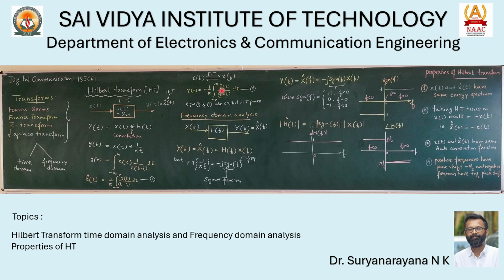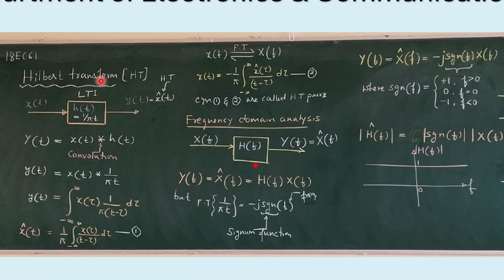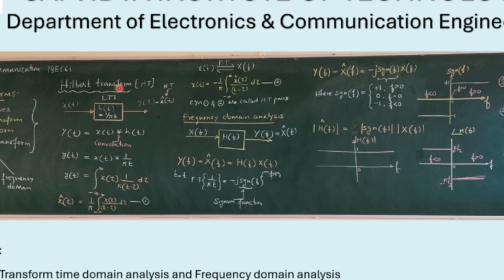X of t is equal to minus 1 by pi integral from minus infinity to infinity x cap of tau by t minus tau d tau. Both equation 1 and 2 are called Hilbert transform pairs. This is nothing but the time domain analysis.